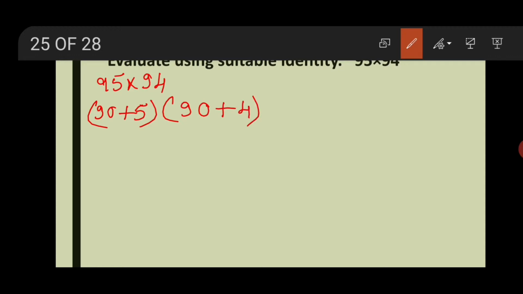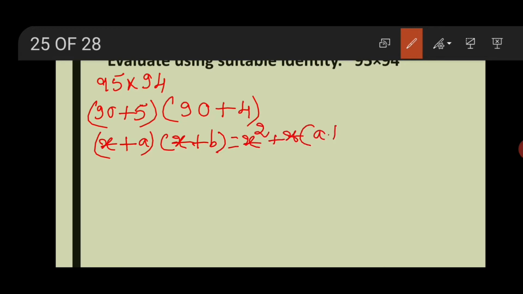We can write 95 in the form of 90 plus 5 into 94 as 90 plus 4. This resembles the identity x plus a into x plus b is equal to x square plus x into a plus b plus ab.